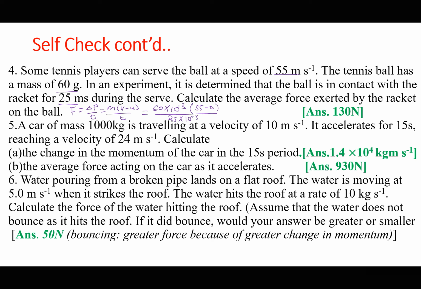So just check if the answer is correct. 60 exponent minus 3 times 55 divided by 25 exponent minus 3. So this gives us 132 newtons, which is 130 to two significant figures.